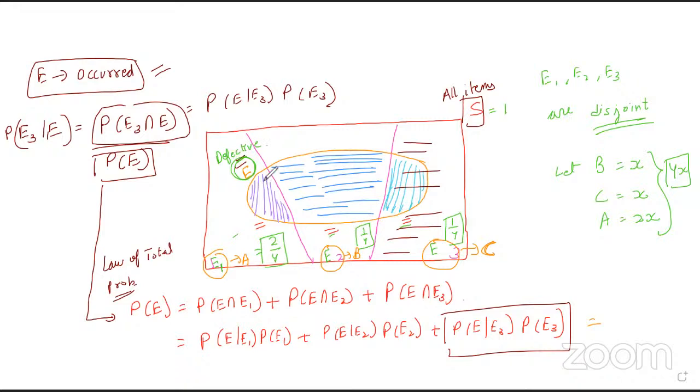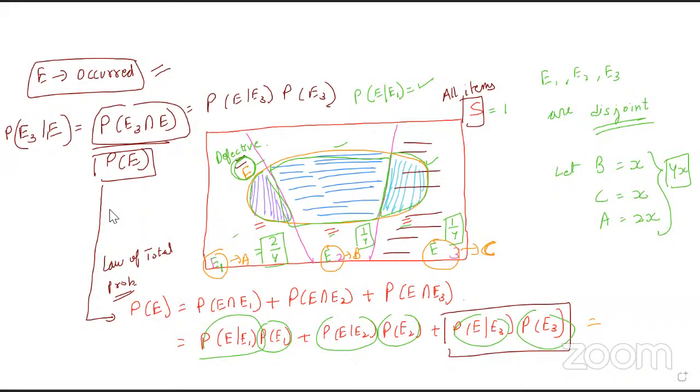We know the probability of this region, the probability of being defective given that it is produced by factory A. Similarly, we know the probability of being defective given that it is produced by factory B, and likewise for C. We know the information of all these parts. These 6 pieces of information we have.